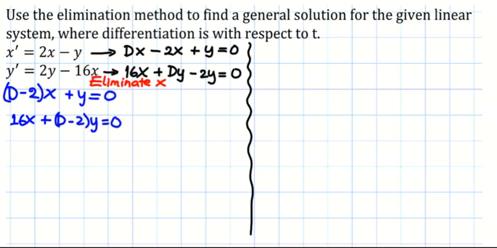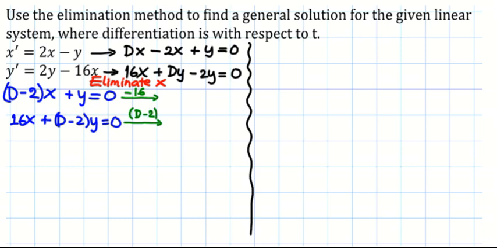To eliminate x, we multiply so that the coefficient of x will be the same. Multiply the top equation by negative 16, and the second equation by d minus 2. I will treat the operator d as a constant, so I just multiply d minus 2 at the bottom.